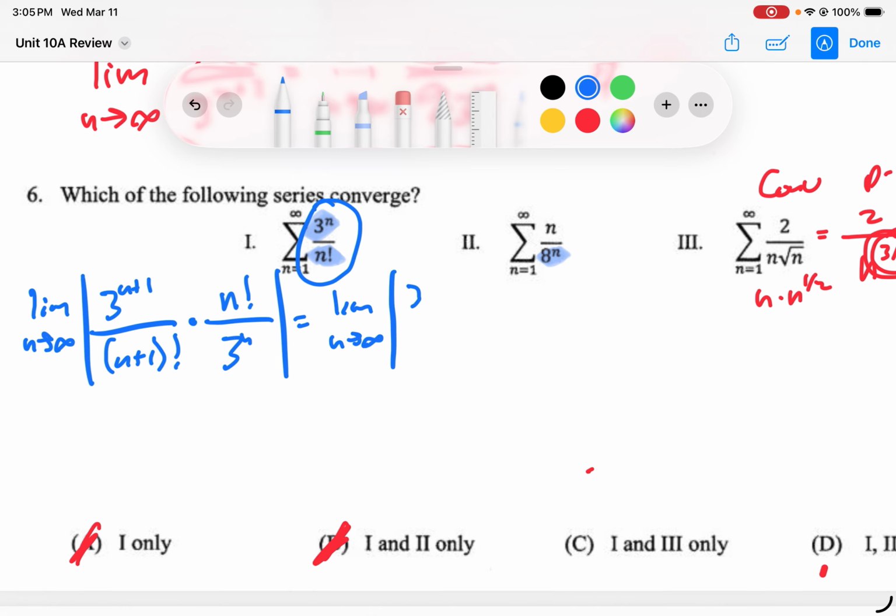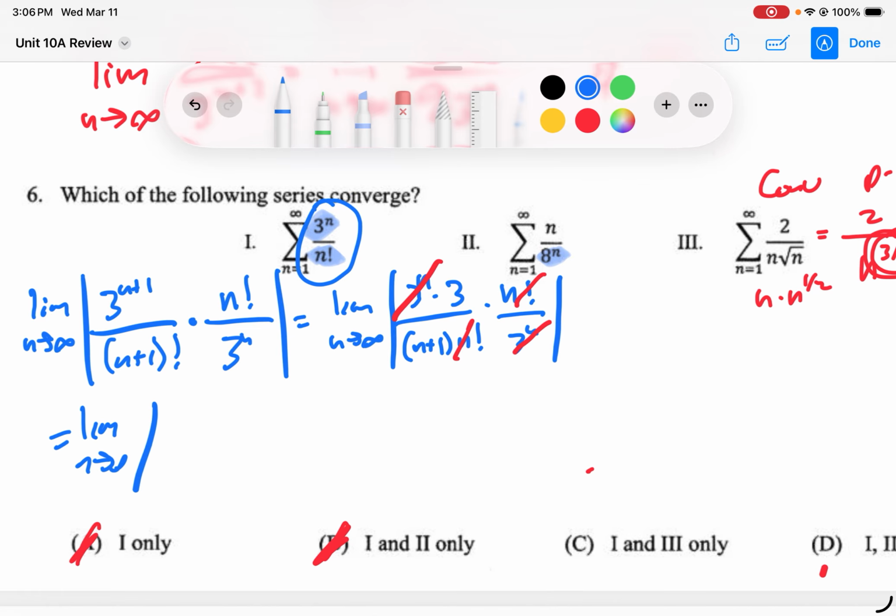Do some rewriting. So at this point, I realize 3 to the n's cancel, n factorials cancel, and now this is equal to the limit as n goes to infinity of 3 over n plus 1.